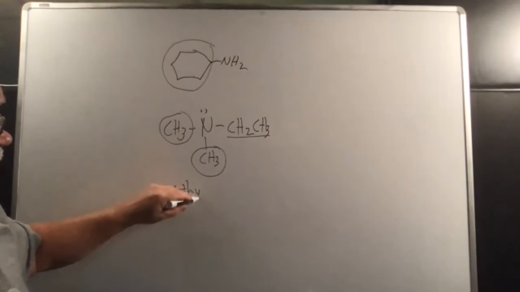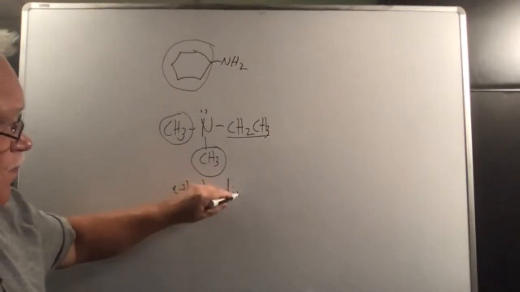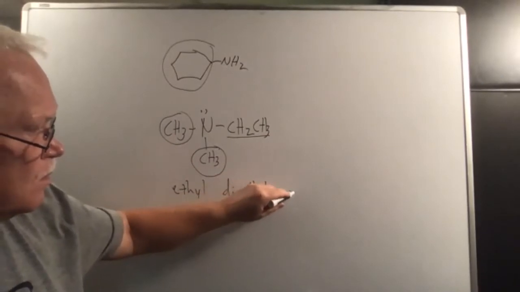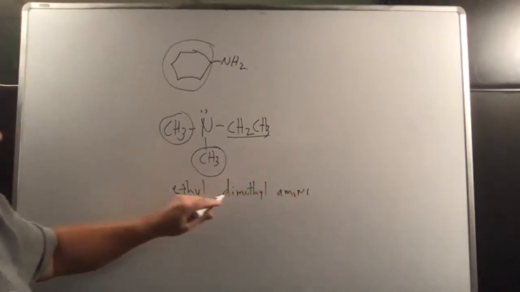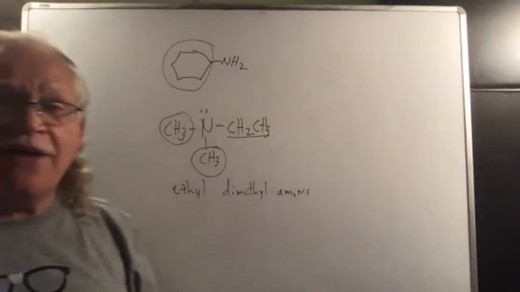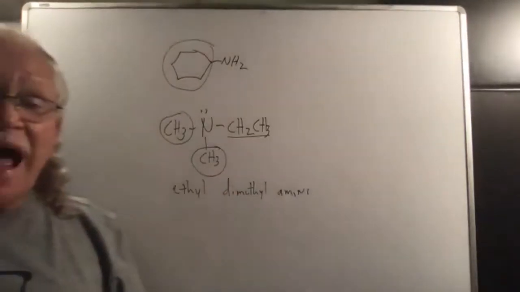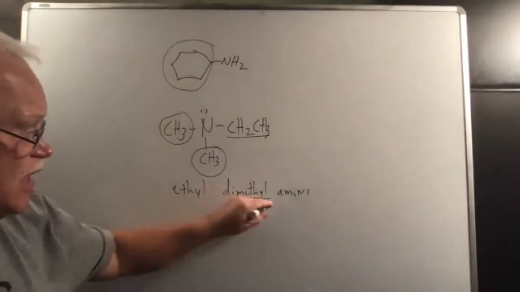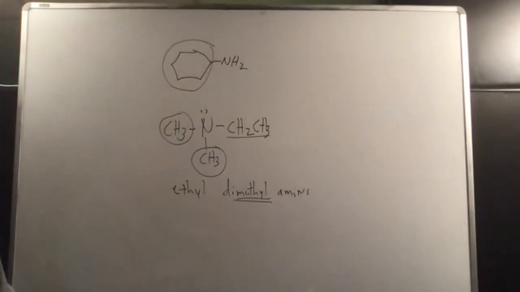Now, a little thing here that you should know. Notice that the ethyl still comes first in the alphabet, even though you think dimethyl should because it starts with a D. Remember, it's just the methyl piece that determines the alphabetizing.